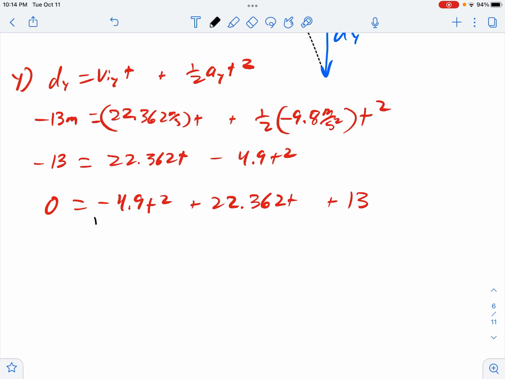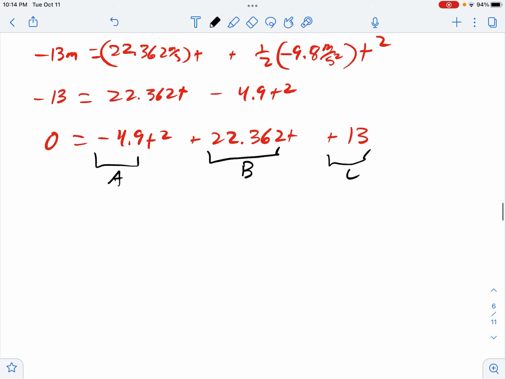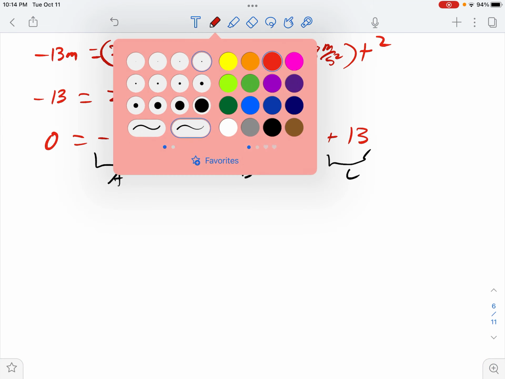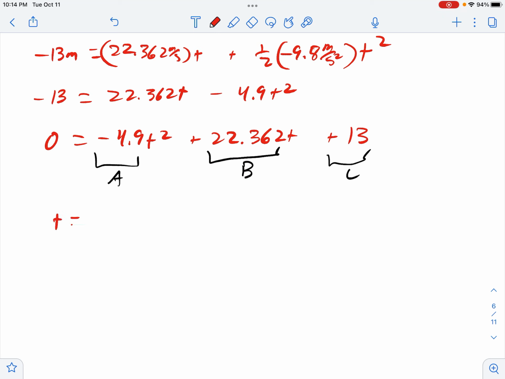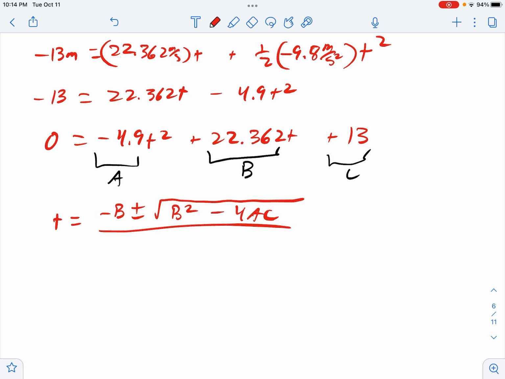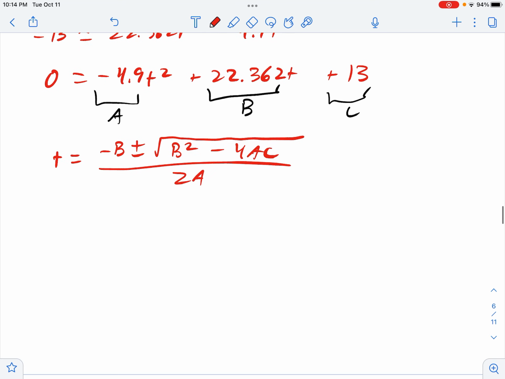So there's my A, there's my B, and here's my C, a positive 13. Now when I set up my quadratic, negative B plus or minus the square root of the quantity B squared minus 4AC, all over 2A.